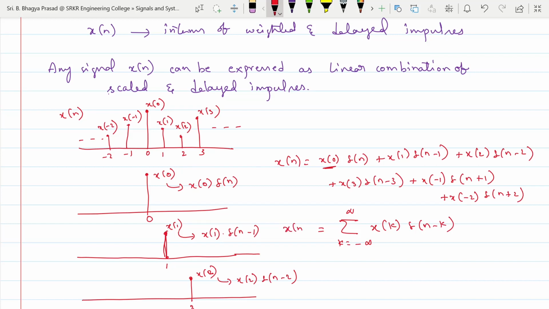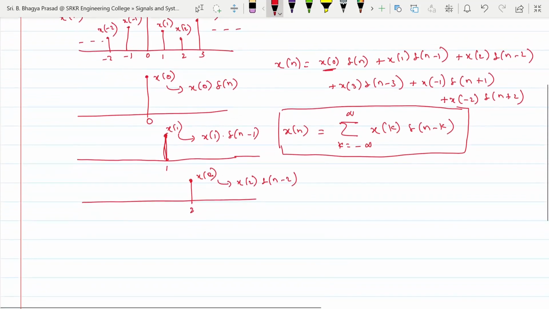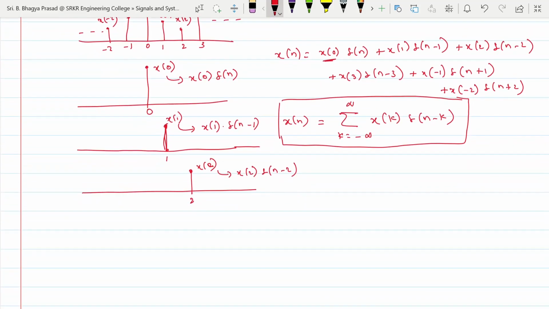So you can represent x of n in terms of weighted and delayed impulses. This can be in the form of convolution, and this is referred to as the shifting property.